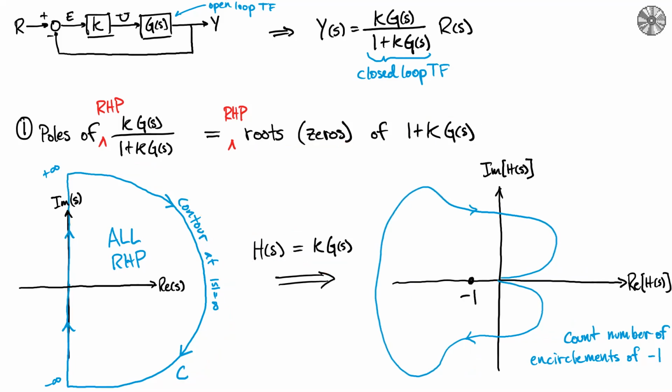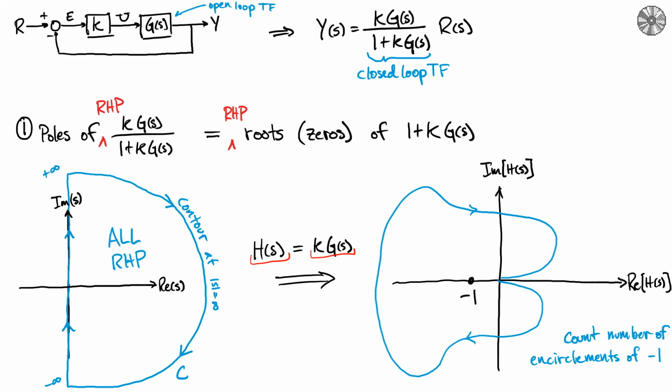We can make our lives just a little bit easier by changing the transfer function that we analyze, by analyzing k times g and moving over the point that's being encircled. So instead of encircling the origin, now we shift everything over, and we're now encircling the point -1.